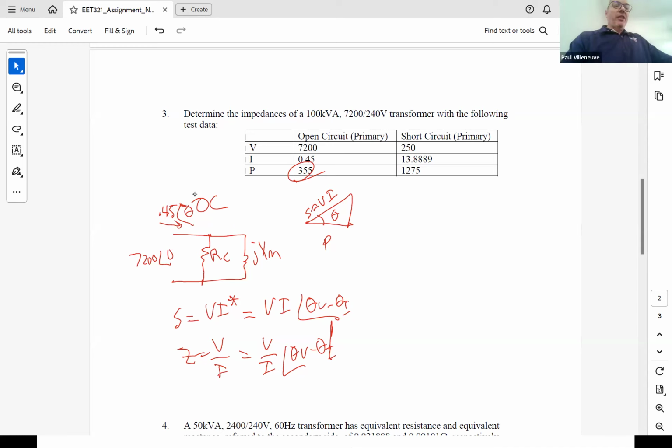And when we do the open circuit test, Y open circuit is I at an angle of minus theta divided by V at an angle of 0, which is equal to 1 over R sub C plus 1 over jXM. Is that enough of a hint to do that problem or part of the problem?